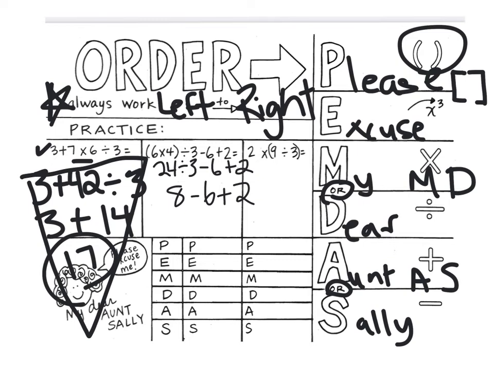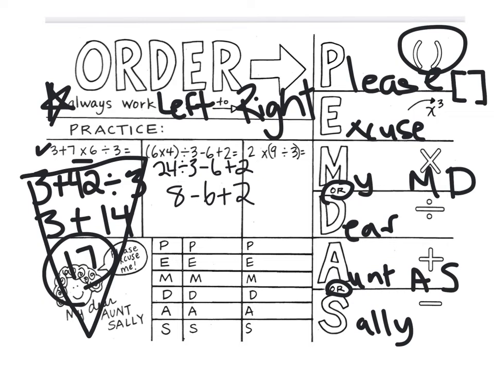Well, left to right is 8 minus 6. That comes first. That's a simple problem, but a lot of kids might flip it around and think, okay, 6 plus 2 needs to come first, because they look at please excuse my dear Aunt Sally and think addition is going to be above subtraction. That's not the case here. Subtraction comes first because they're equals.